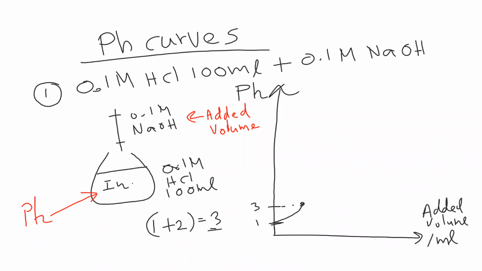Although the final volume changes, we don't consider that the volume changes by adding sodium hydroxide. That's an assumption here. We just think finally there is only sodium hydroxide with 0.1 concentration. Then there will be 0.1 moles per cubic decimeter concentration of OH minus ions, hydroxide ions.